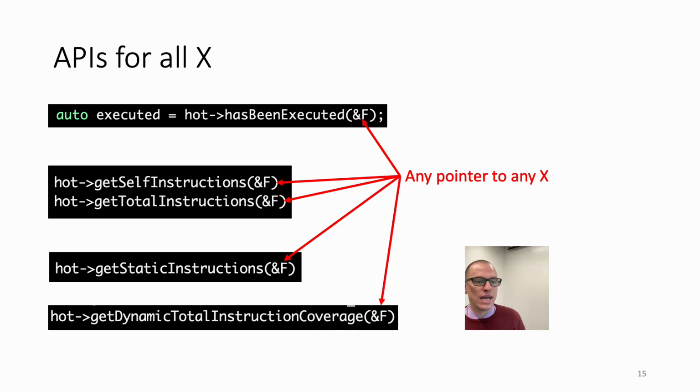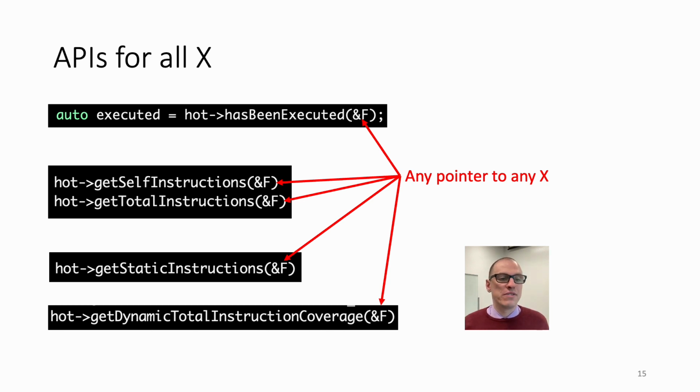Finally, you can query about the coverage using the total instruction count for a given region, where the coverage is for the whole program execution. So for example, if you ask get total instructions of a function, and this one returns 30, it means for the whole program execution, 30 instructions have been executed within F. But if you ask get dynamic total instruction coverage of the same function, it gives you a number that is between 0 and 1, where 1 represents 100%.